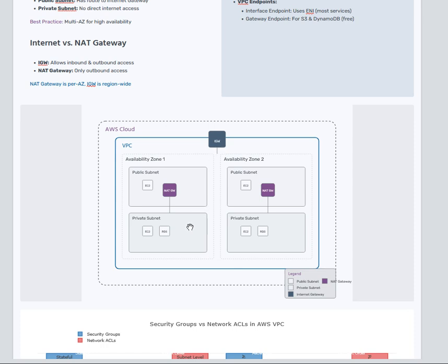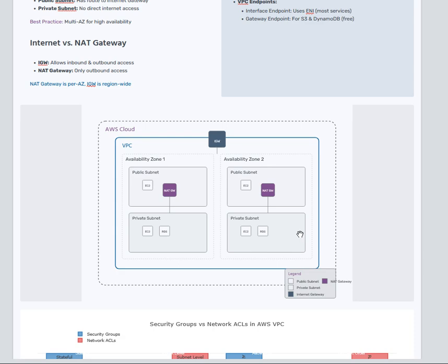But a NAT gateway is per availability zone. See that in availability zone 1, you got a NAT gateway, and in availability zone 2, you got a NAT gateway. So you can't use the NAT gateway in availability zone 1 for the private subnet in availability zone 2. So for each subnet, you need to make sure you have a different NAT gateway for outbound traffic.